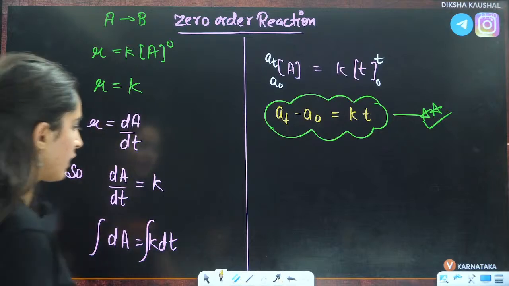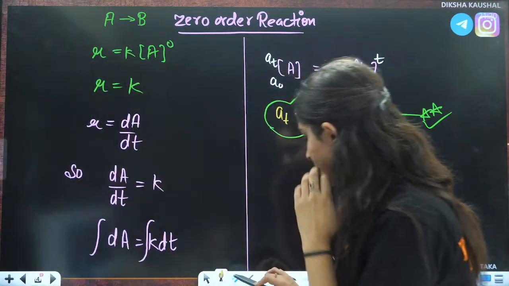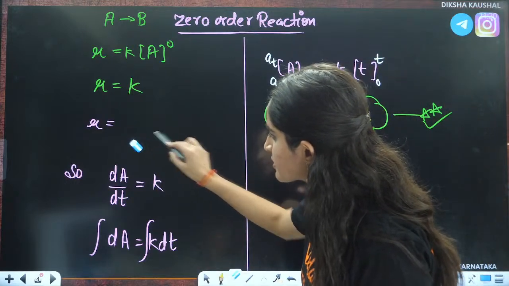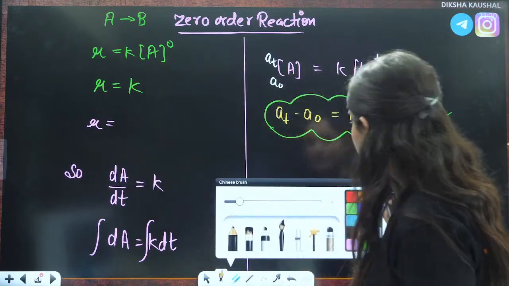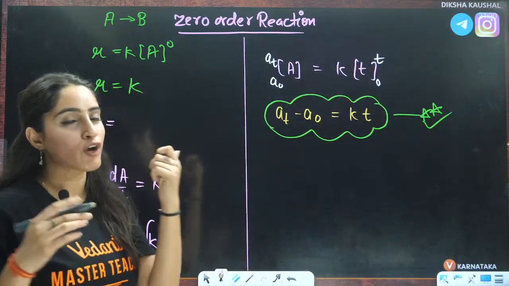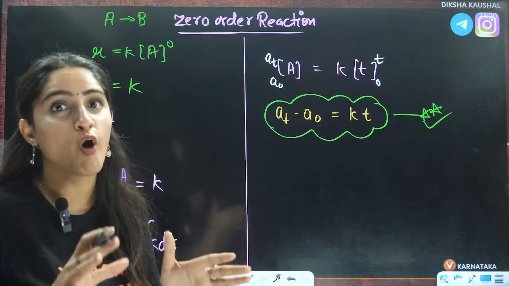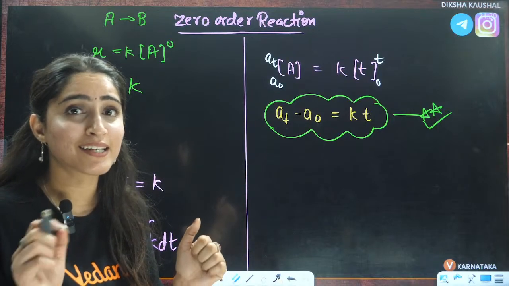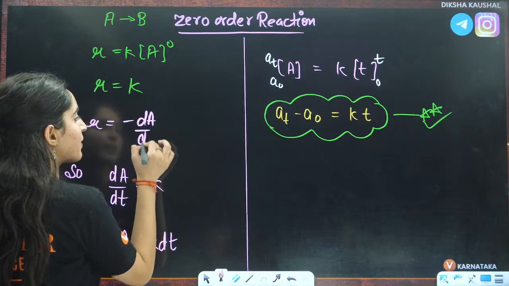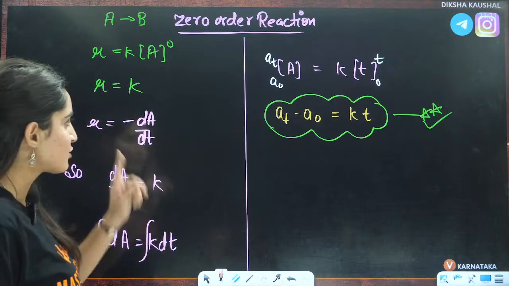Oh, one big mistake we have done here. Wait a minute. One big mistake, guys. That's why the answer is coming out to be wrong. Let me clear this out. The rate of reaction for the reactant we were writing in the form of which thing? For reactants, it must be equal to minus dA by dt, not dA by dt.